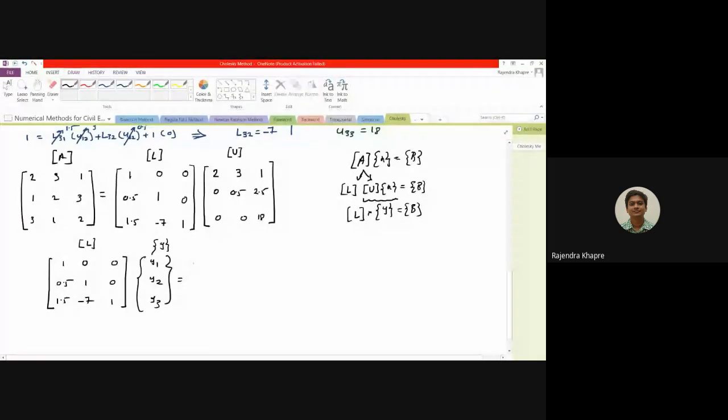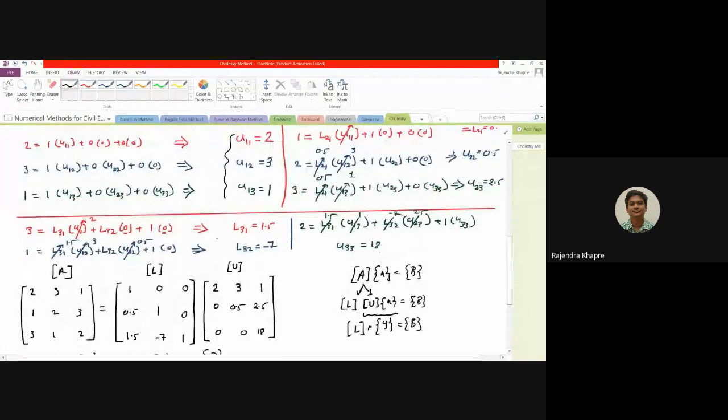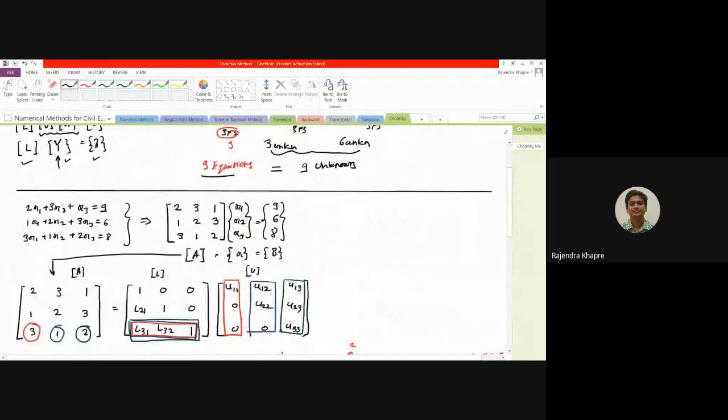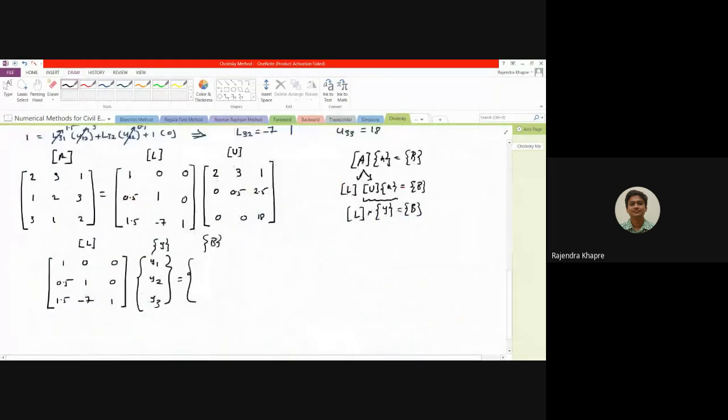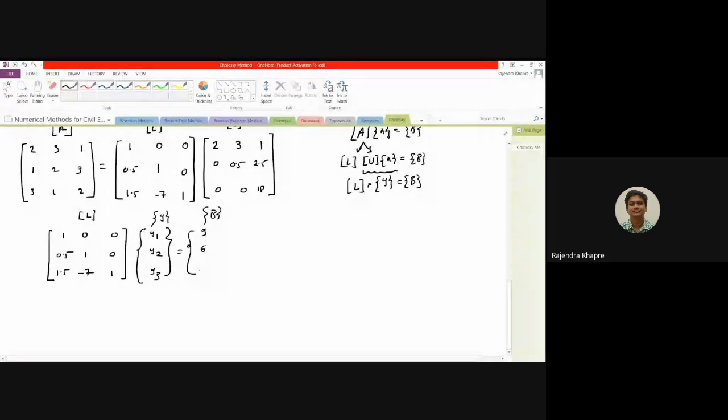This will be equal to vector B, which in the numerical we have been given as 9, 6 and 8.